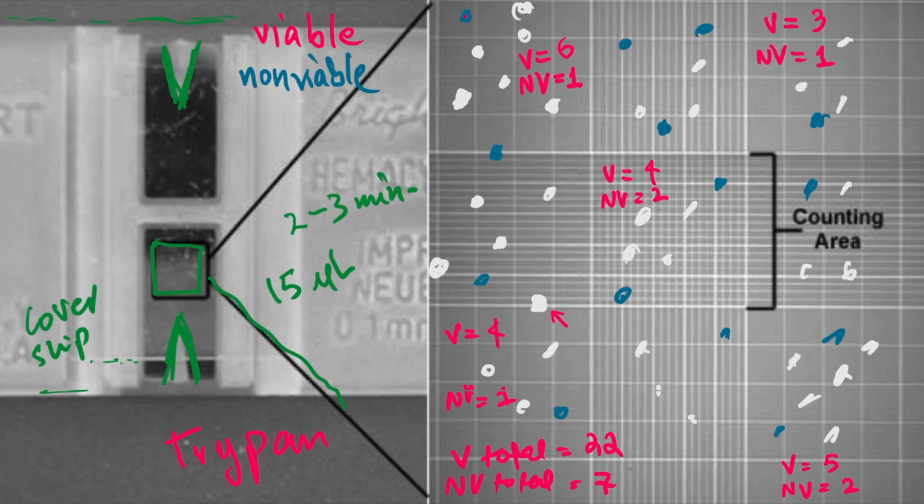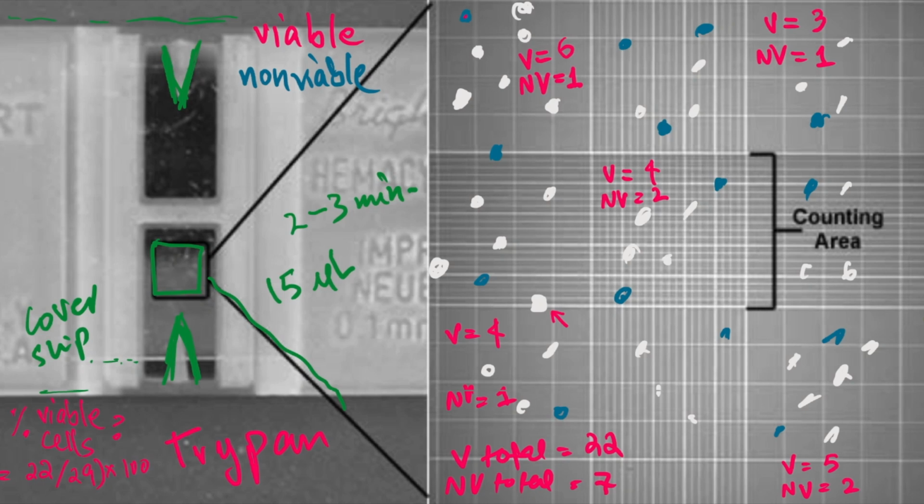What I may be interested in next could be the percentage of viable cells, and I know I have 22 cells that are viable divided by the total of 29, times 100.